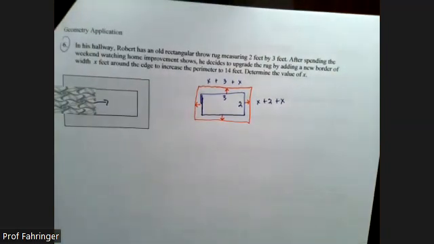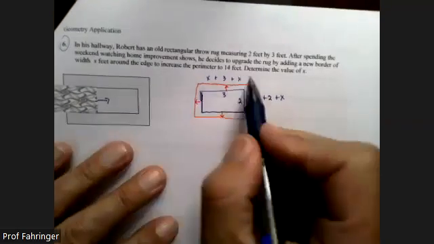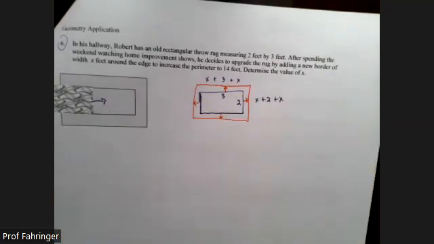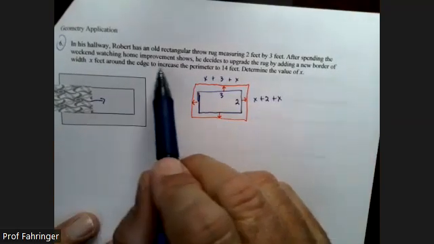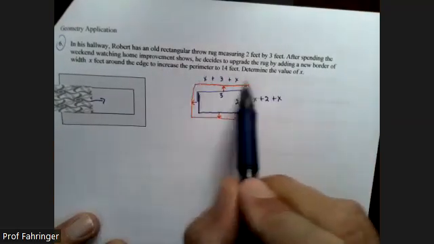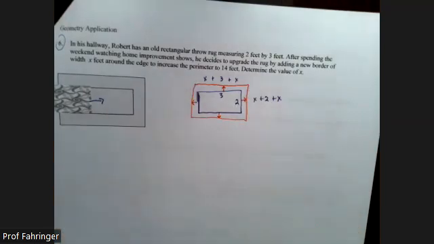And of course, we can simplify those. So now I have 3 plus 2x, 2 plus 2x, and he says the perimeter all the way around is 14.